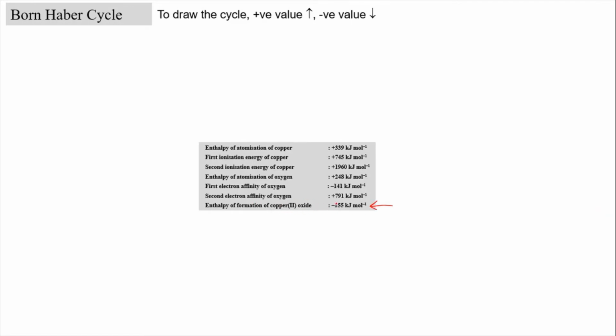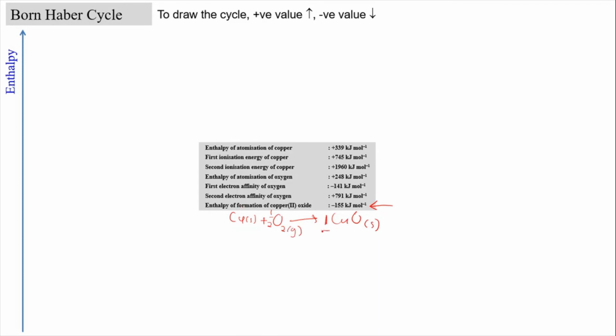It starts with the negative, so you know that you need to draw the axis of enthalpy as the y-axis, and then you start with the enthalpy of formation, where copper solid produces copper oxide, which is also in solid state, plus oxygen gas. Since there is one oxygen here, you have to use 1/2 of oxygen gas because enthalpy of formation needs to produce 1 mole of substance from its elements.